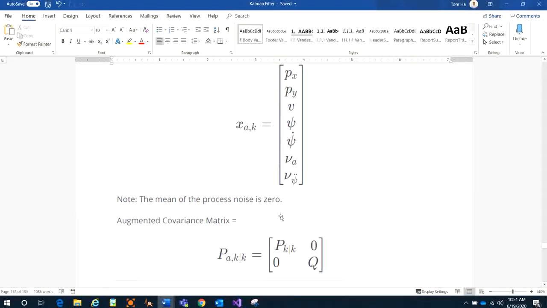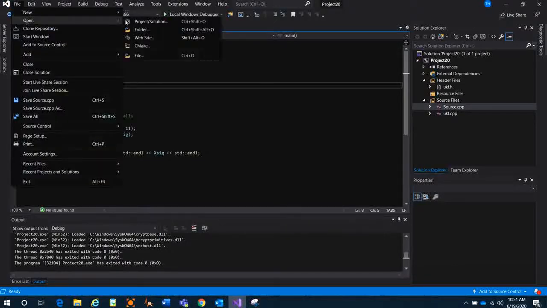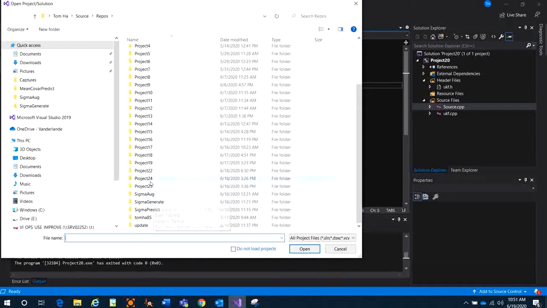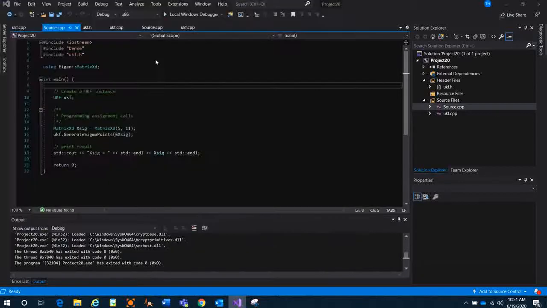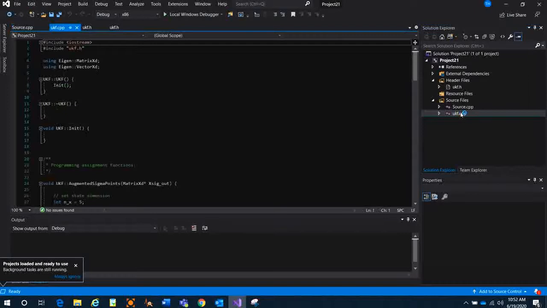Okay, we do the next step to create the augmented sigma point matrix. Okay, how to do that? Look at the class UKF right here.